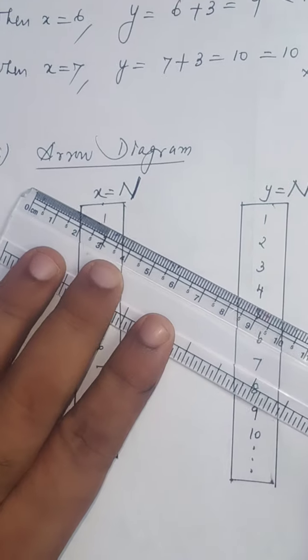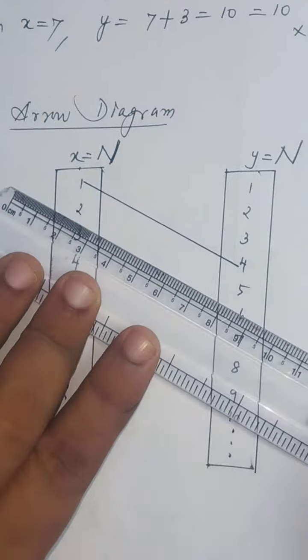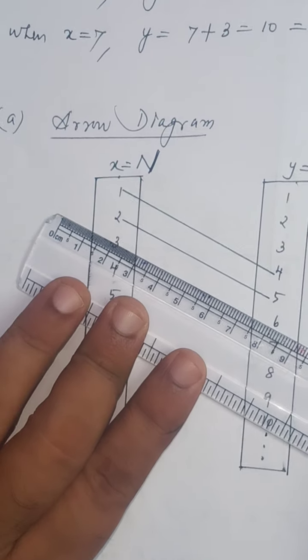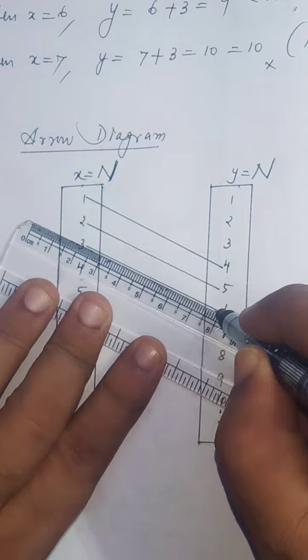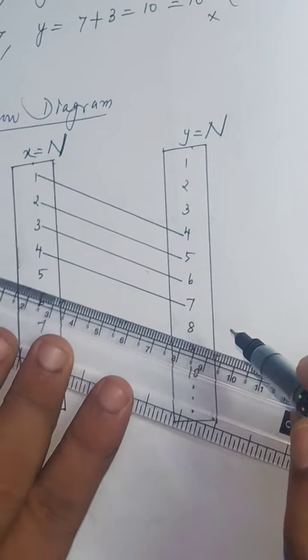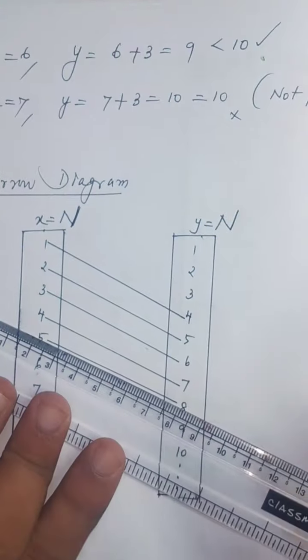1 to 4, 2 to 5, 3 to 6, 4 to 7, 5 to 8. Finally 6 to 9.